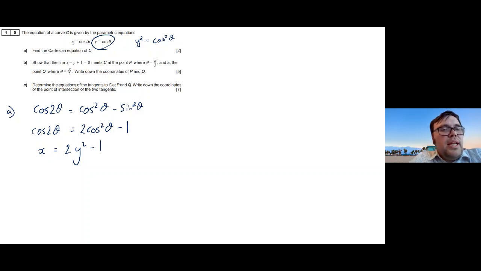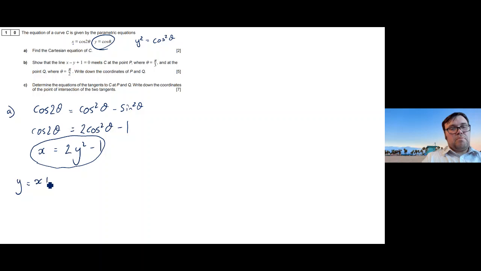Then it says, show that the line x minus y plus 1 equals 0 meets C, well, this is my curve C now, at the point P where theta is pi by 3, and at the point Q where theta is pi by 2. So what we've got here is simultaneous equations. If I rearrange this, we have y equals x plus 1.